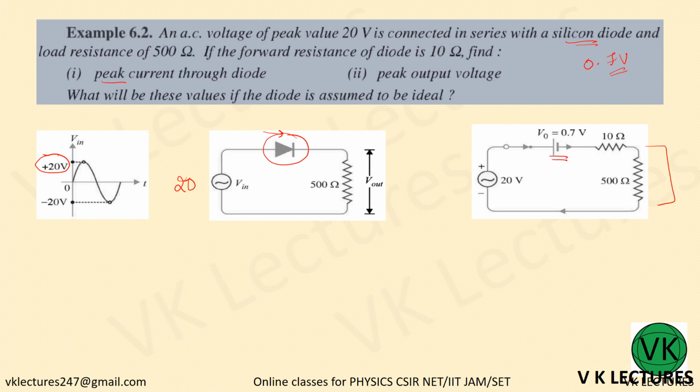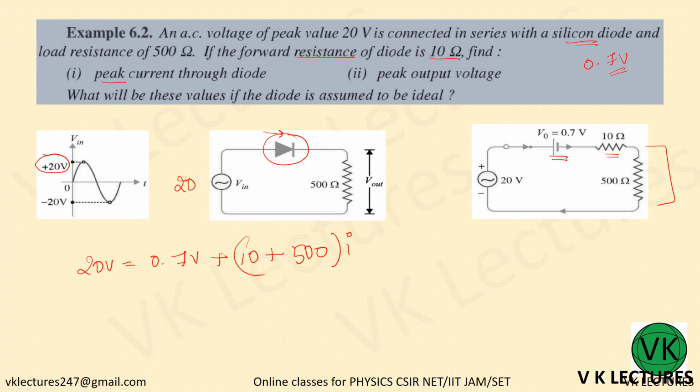The internal resistance, the forward resistance of the diode in the forward bias, is 10 ohm. So 20 volt given, just applying the Kirchhoff law, 20 volt equals 0.7 volt plus (10 plus 500) into I. No other voltage drop.